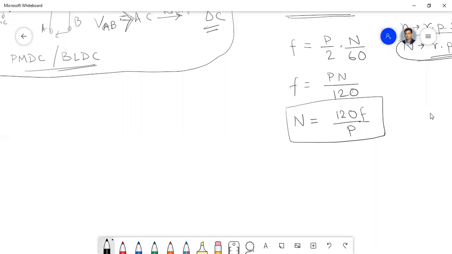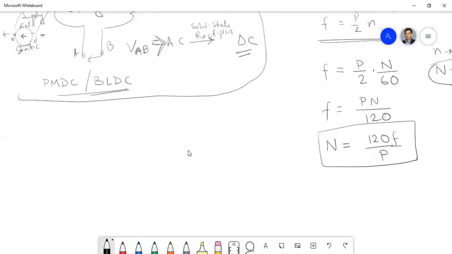Now you just tell me: in the DC motor or any DC machine, as we discussed in the last class, the armature which is rotating should be made of silicon steel, or rather laminated silicon steel. Why should it be made of laminated silicon steel? Why not normal cast steel?